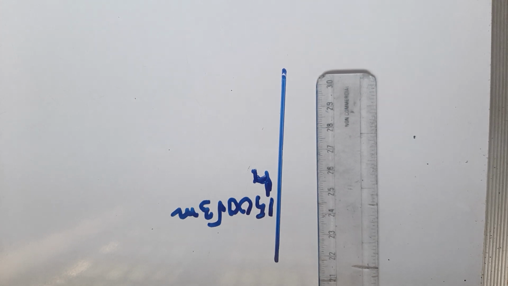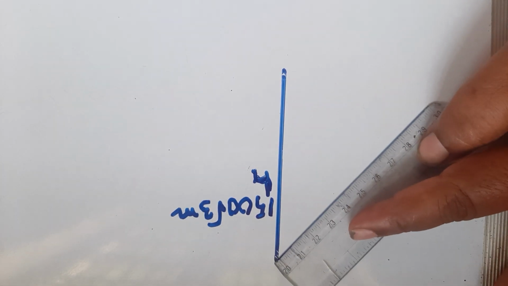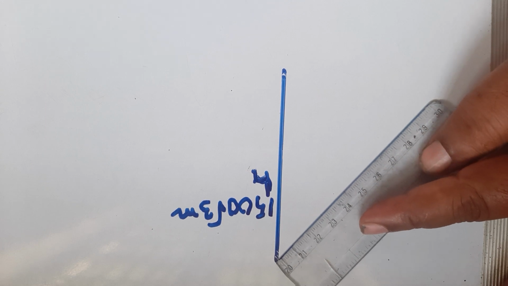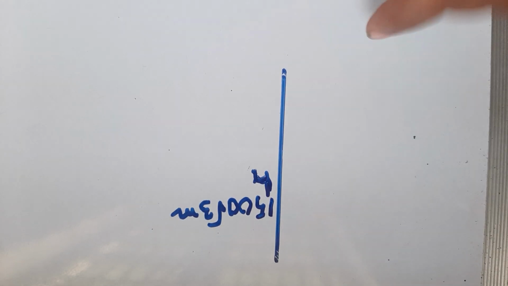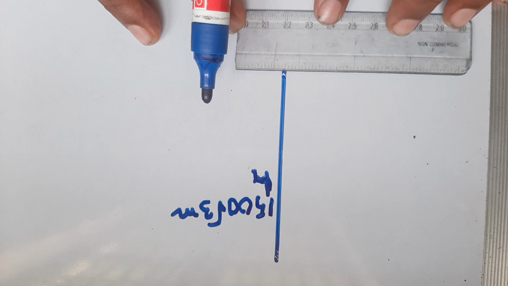The height is given as 1500 root 3 meters. From this position, we take the angle of elevation at ground level, 60 degrees, as the starting point.